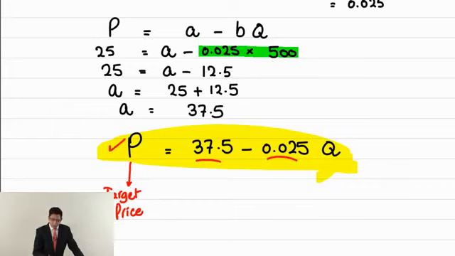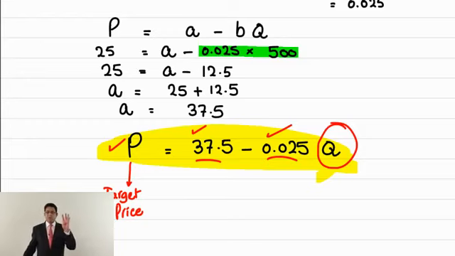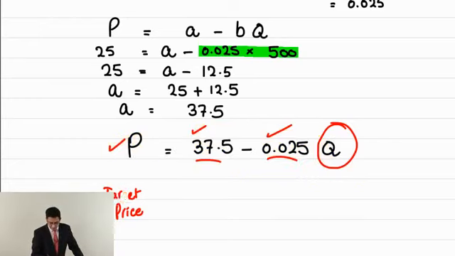So if you know P, you have A, you have B, can you not find out this missing Q? Out of 4 variables, if 3 variables are known to us, can we not find out the 4th one? So if management knows the target or selling price, they can determine the appropriate quantity to be sold: how many units the production team should produce for the next period. This is the first question.